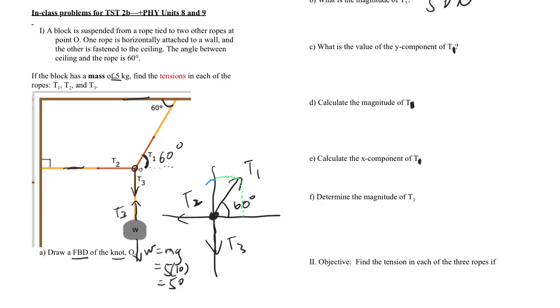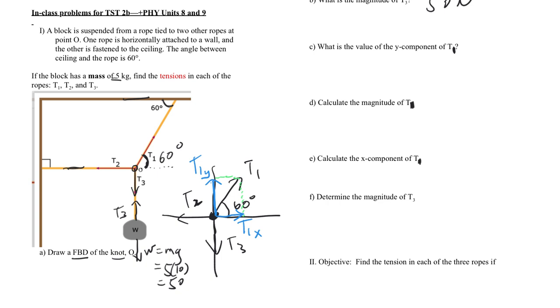And so this would be right here. That would be T1 Y. And this guy is the horizontal component of T1 X.